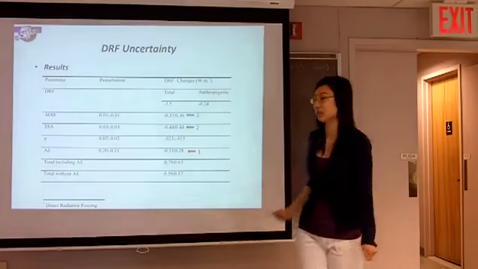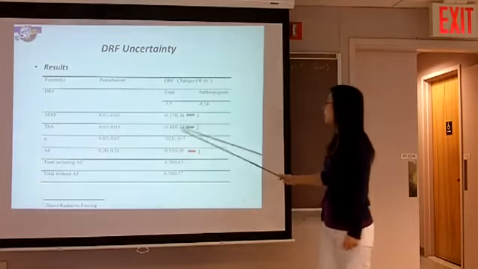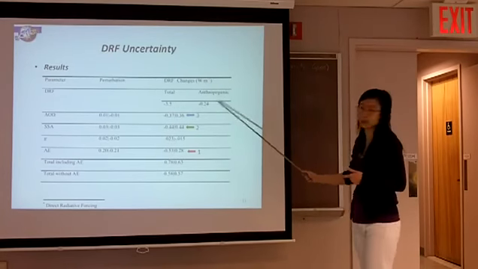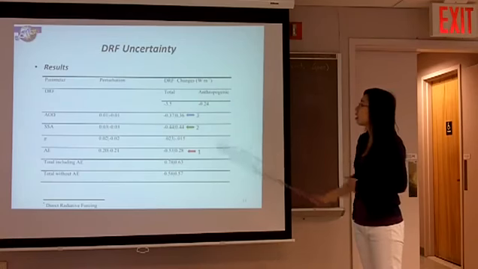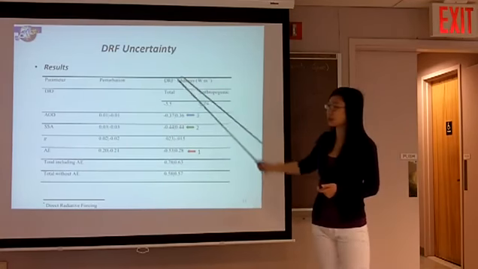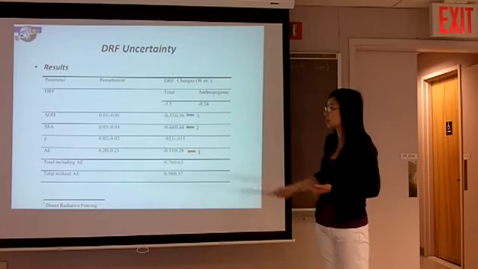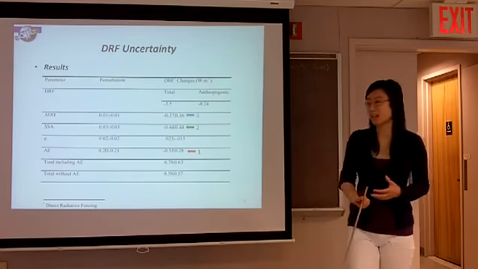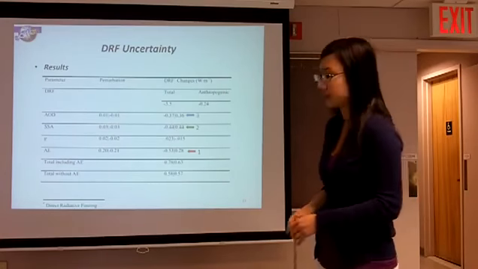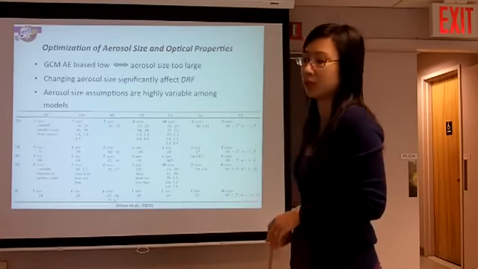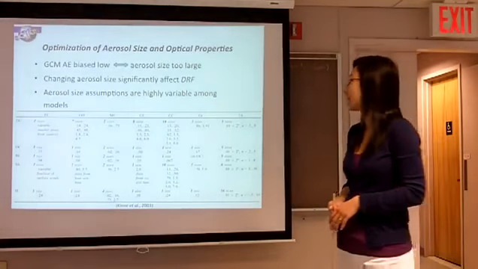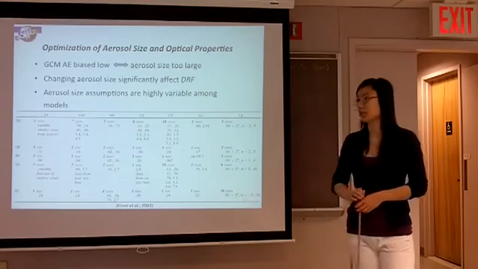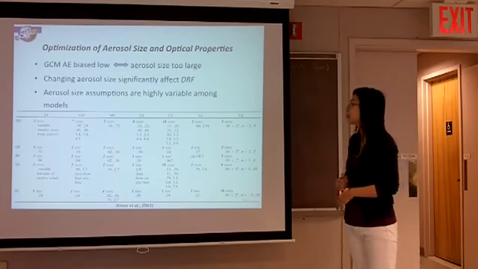Also we need to note that these numbers are even larger than the anthropogenic forcing itself. So that means the forcing can be very sensitive to perturbations in those parameters. It's a highly uncertain parameter here, and that suggests we need to do something to adjust the aerosol size in the model, and also may need to adjust the absorption part.